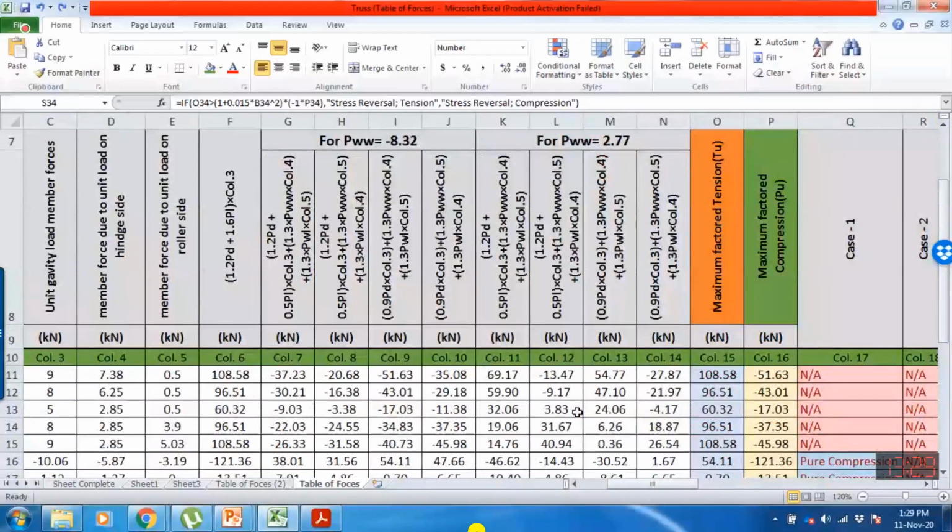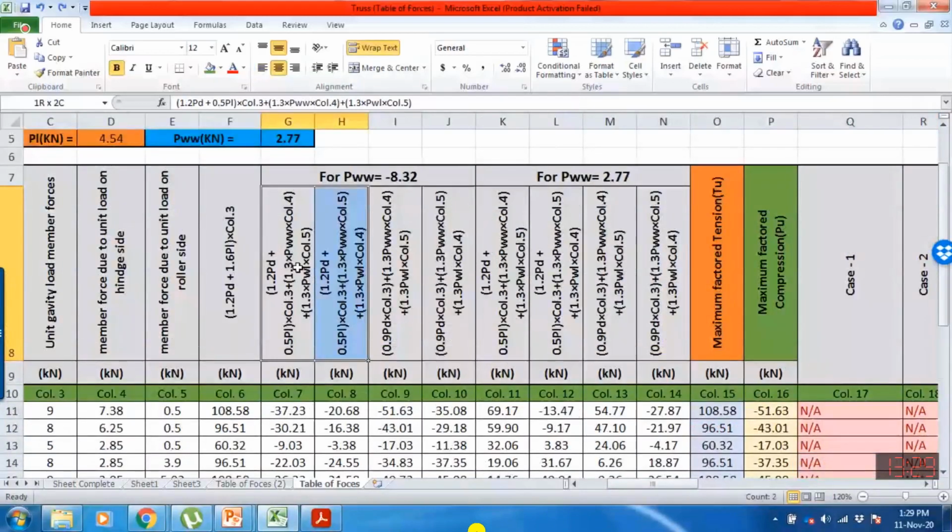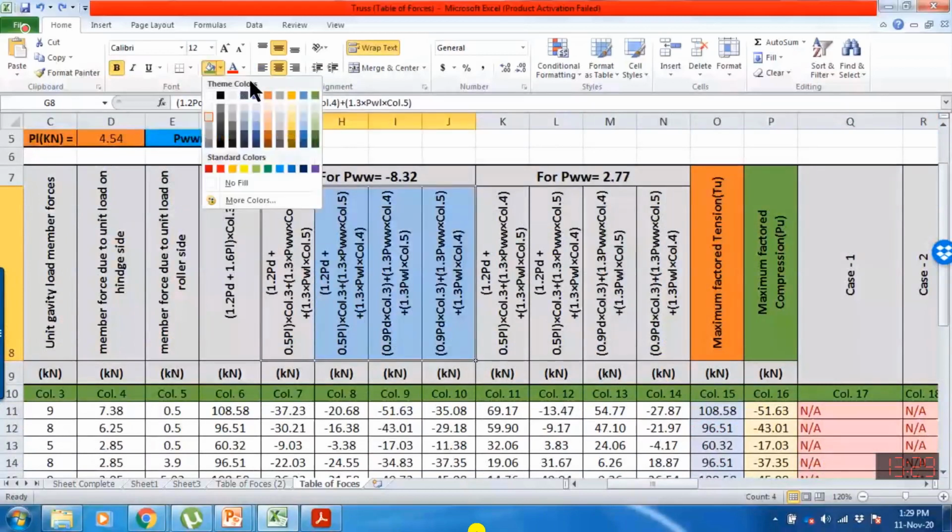So here, these four columns, I have already modified this table of forces last time. These four columns are for PWW1, and these four columns are for P windward load 2.